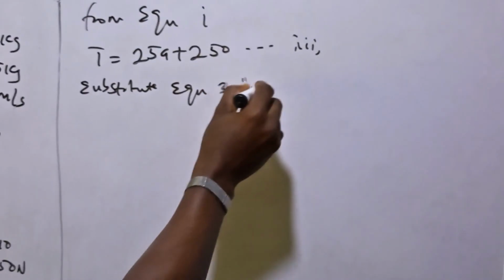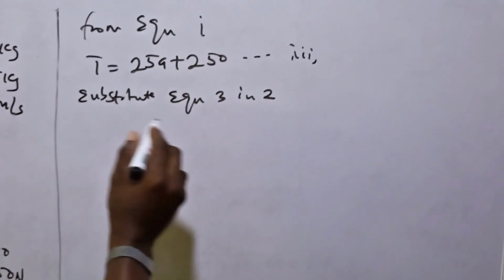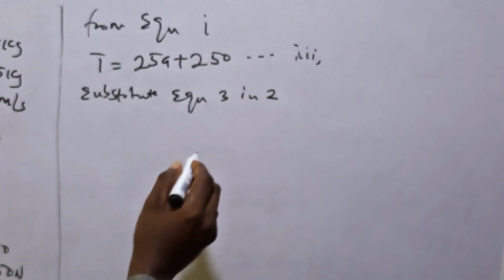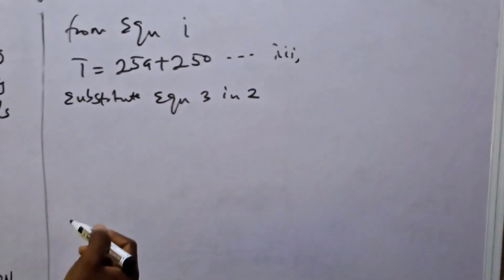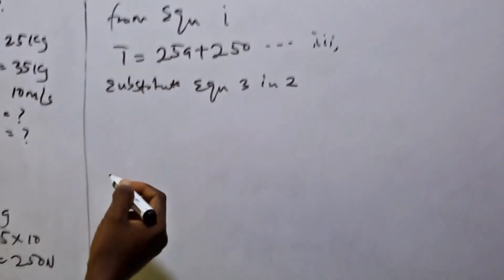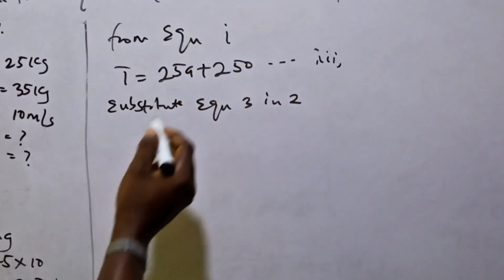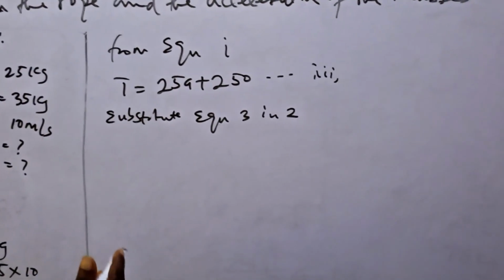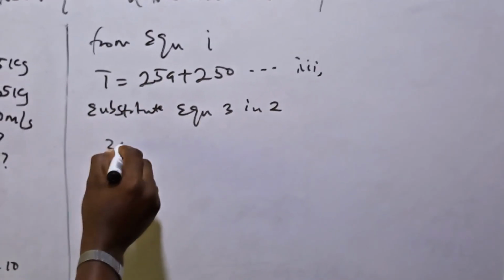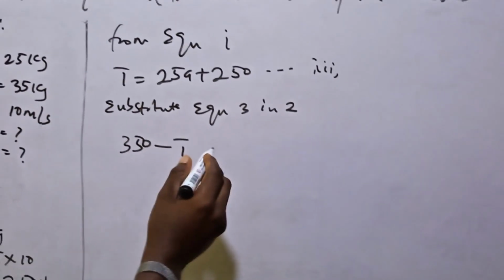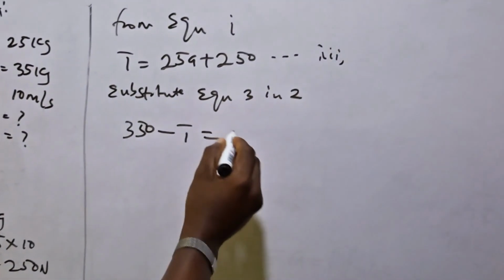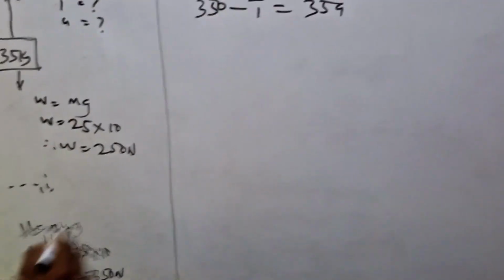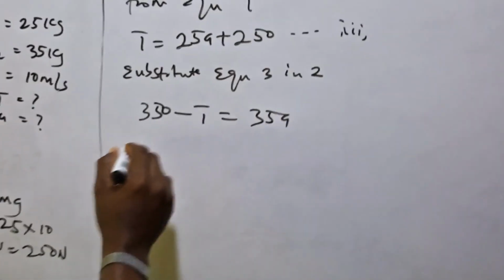Let me designate the other one as equation 2 so I won't be confused: 350 minus T equals 35a.